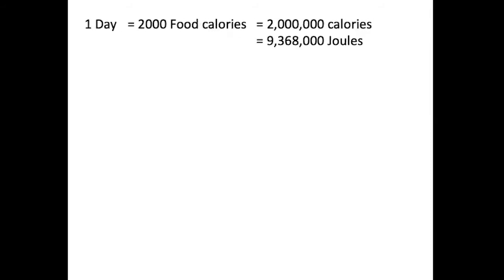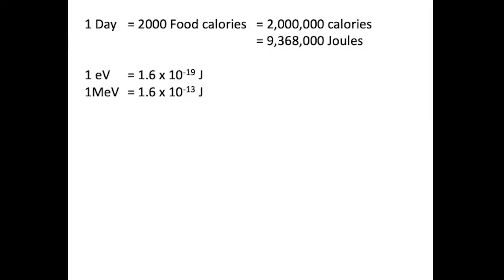In a day, the average American takes in 2,000 food calories, or 2 million regular calories, because a food calorie is 1,000 calories. At 4.184 joules per calorie, that means we take in 9.368 million joules per day.